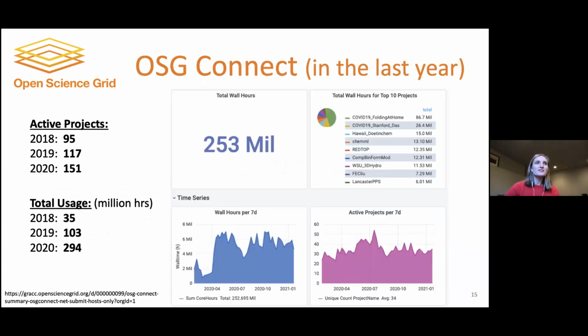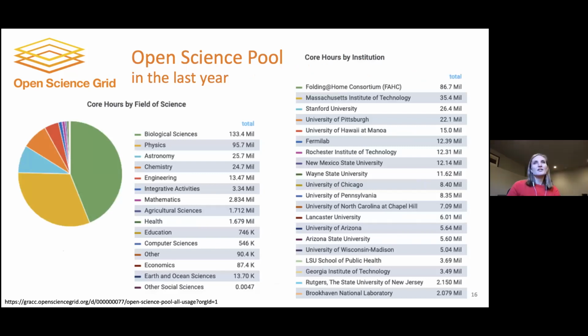In the last year, we've seen a growth in the number of active projects. We even got a boost from COVID-19. And these come from a variety of sources. So the OSG Connect access points all submit into the Open Science Pool, which really represents a large, diverse community, mostly users from OSG Connect, but including users from, like I mentioned, smaller collaborations and campuses.